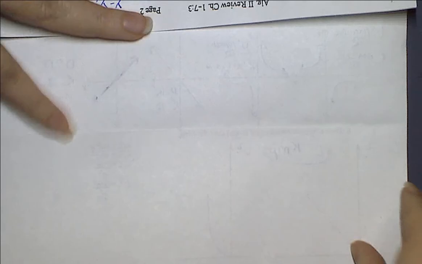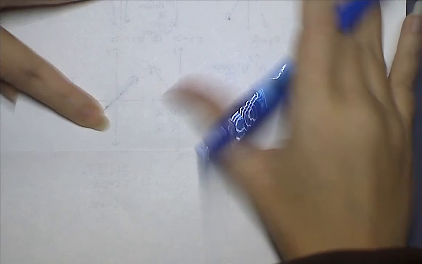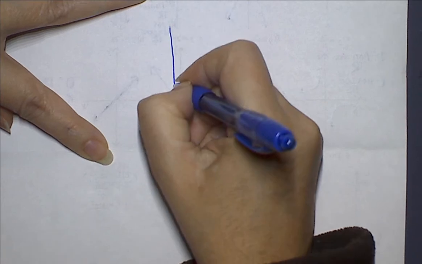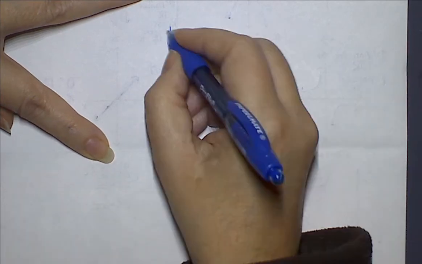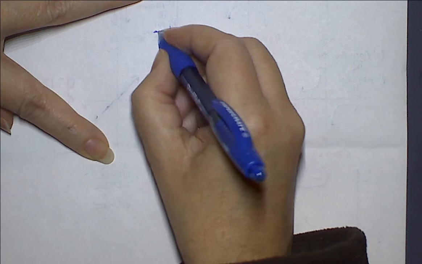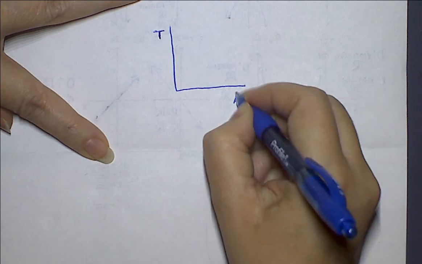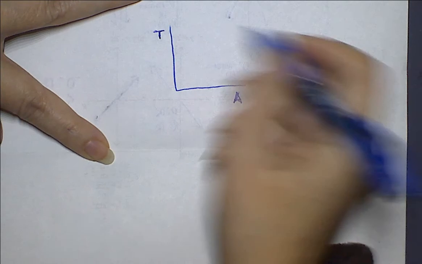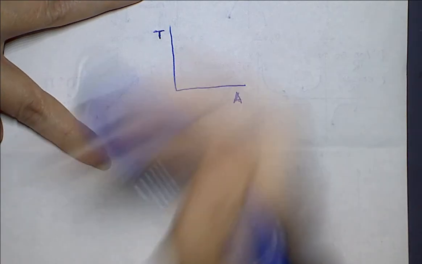If I gave you two graphs, and I'm going to call this up here a T, and then I'm going to call this an A, and I'm going to have this one go down like this.